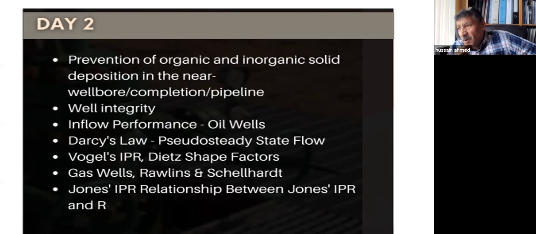Integrity is how to keep the well available, healthy, producing through the years. Some oil wells could stay with you for 40 years, 50 years. So how can I maintain the integrity of it? We're going to have a full session on that.